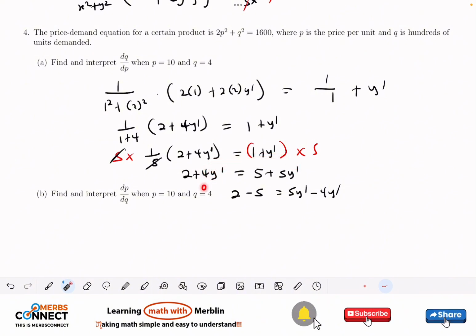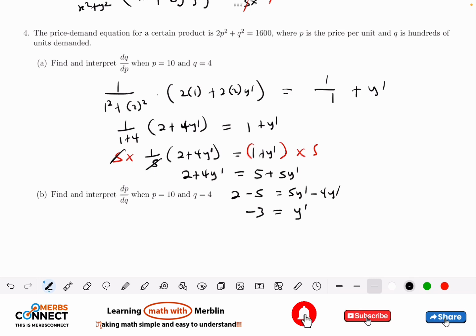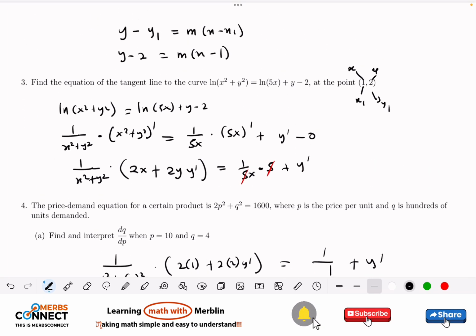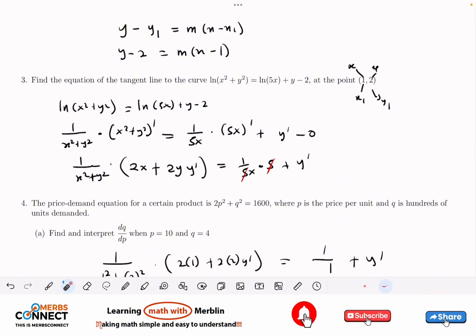In other words, subtract 4y prime here, subtract 4y prime here, which will give us this. Subtract 5 here, subtract 5 here, which is also going to give us this. So this is going to be minus 3, which is equal to 5 minus 4 is 1, so y prime. So y prime is equal to what? Minus 3, which is the m that we are looking for.